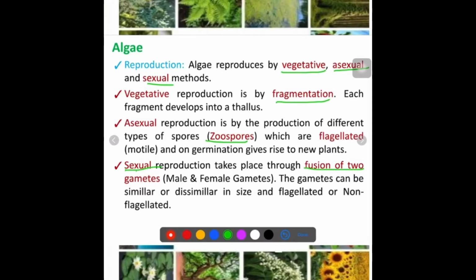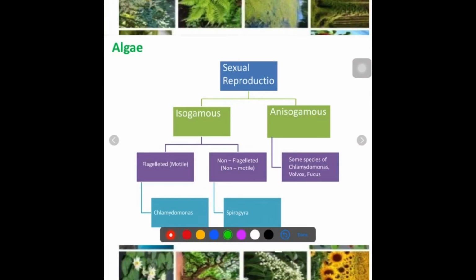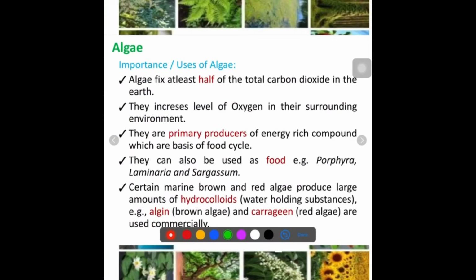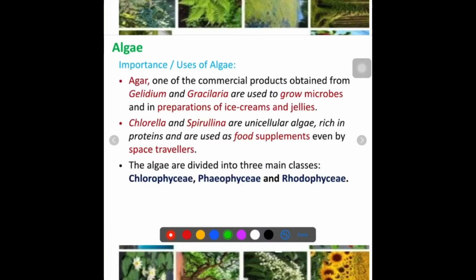This we have discussed in the previous session. Even we have also seen how the sexual reproduction occurs in an algae. Along with this, we have also discussed the importance or the uses of algae. So this topic we have finished in the previous session.